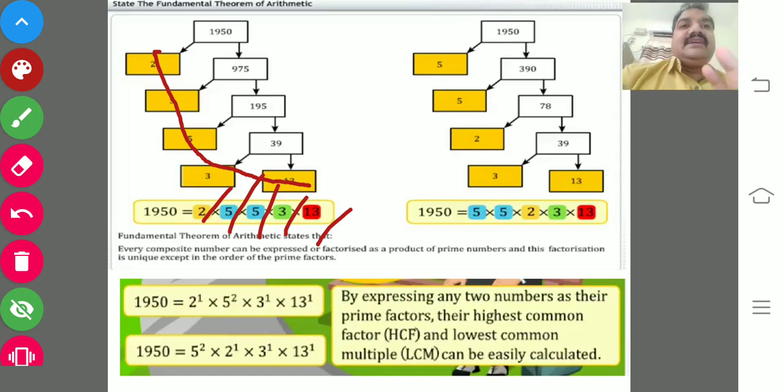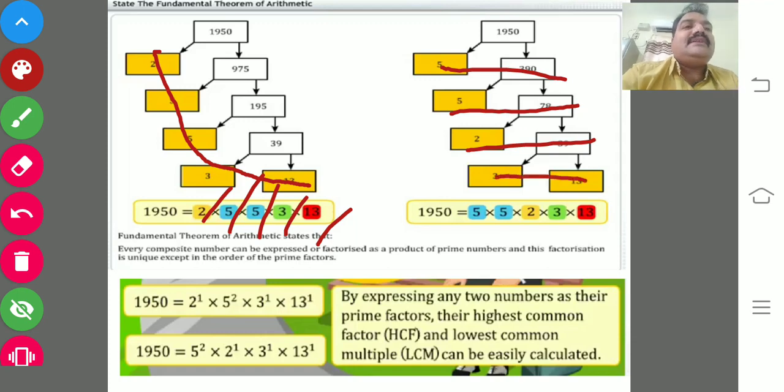Like that, here the order is changed a little bit. Here I have begun with 5. So 5 into 390, 5 into 78, 2 into 39, 3 into 13. If you follow all the yellow boxes: 5 into 5 into 2 into 3 into 13.